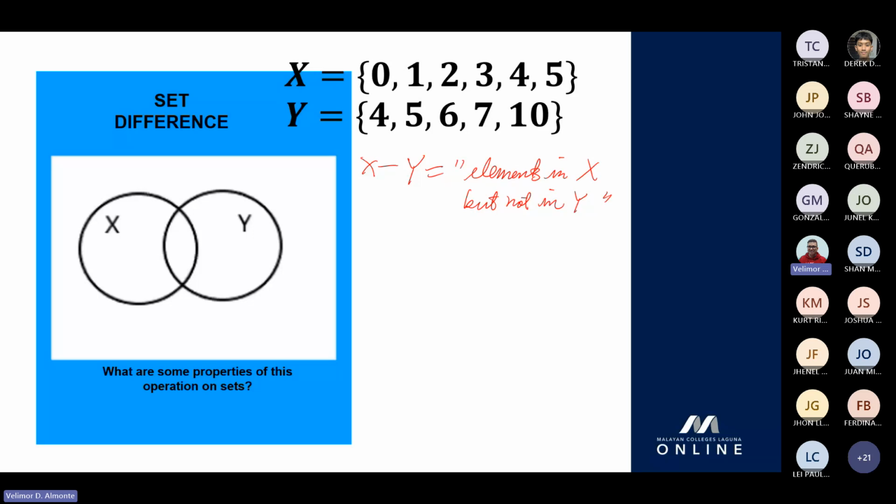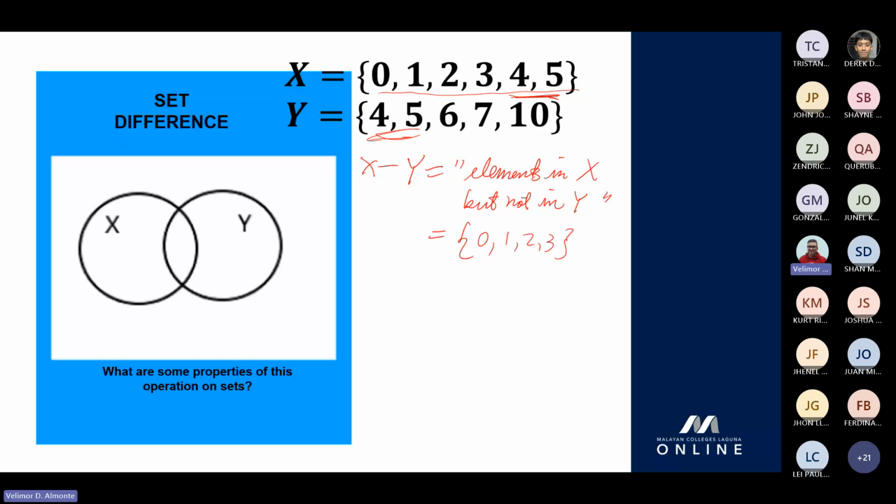What does that mean? You get the elements in x, except those you can also find in y, and delete them. For 5, I can also find it in y. And so the answer to x minus y is 0, 1, 2, 3.